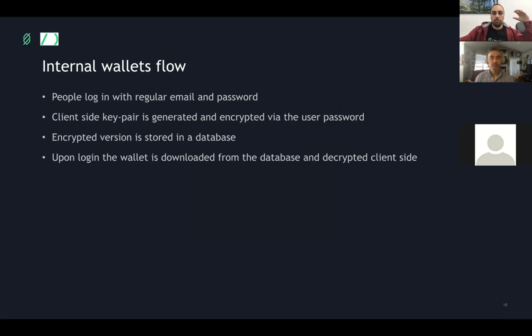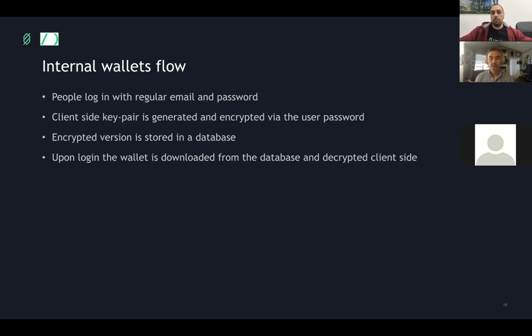So the flow of interacting with internal wallets was as follows. You just log in with your regular authentication mechanism, like you input your email, you input your password, and you're in. And then on the client-side application, a wallet was generated, encrypted via your password, and then the encrypted version of your wallet was saved in a database.